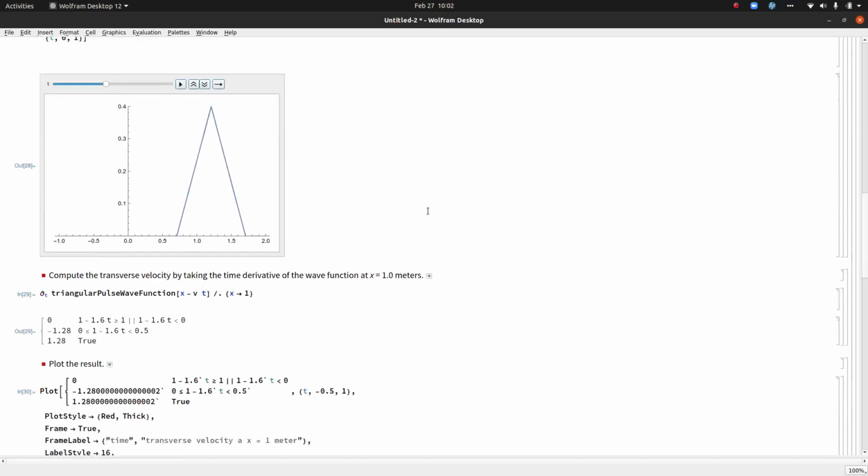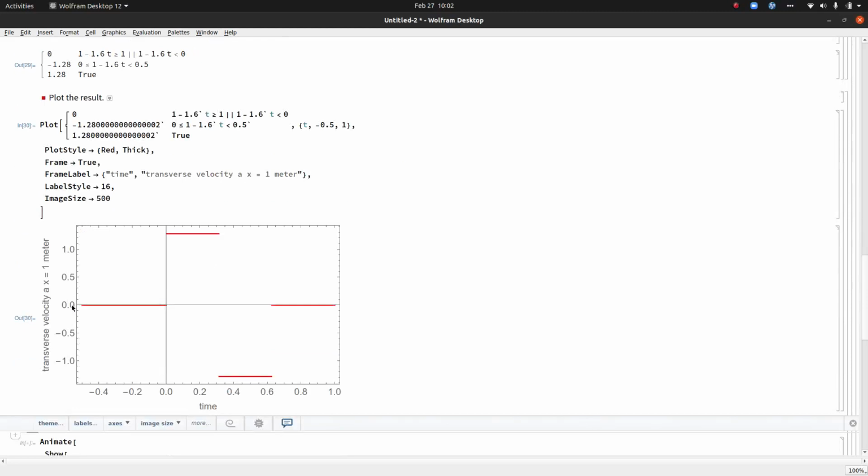So if we look at our plot, you can see before the wave gets there, the point on the string at x equals 1 meter is not moving at all. It has 0 transverse velocity. Then when the triangular wave pulse gets there, all of a sudden it jumps up, it has a positive velocity here.